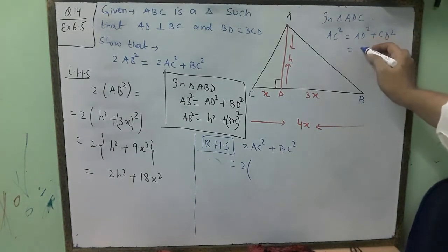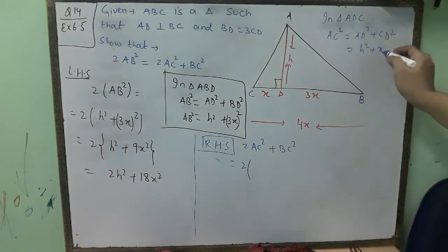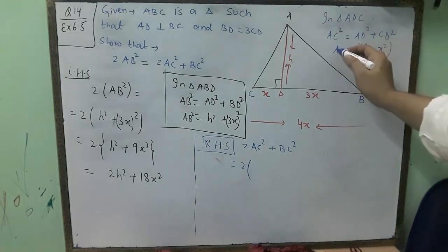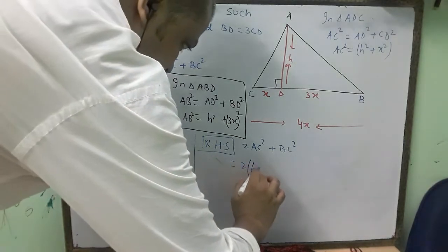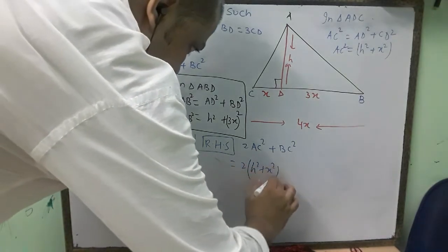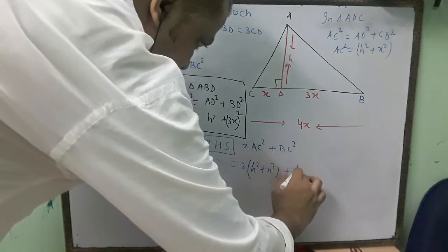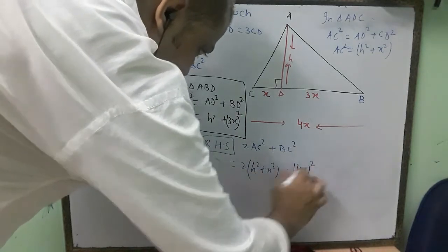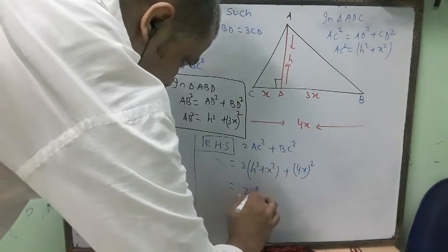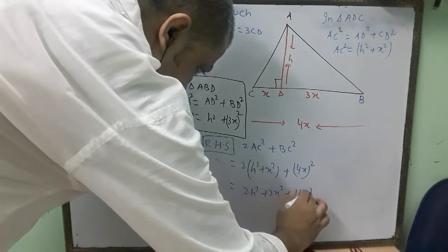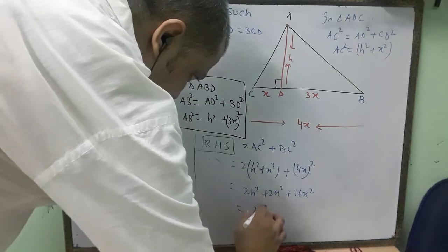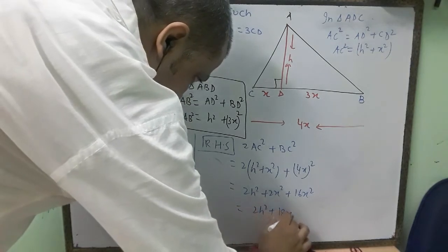So I can say that it is h square plus x square. This will be the value of AC square. Now BC square. BC is completely 4x whole square. Now 2h square plus 2x square plus 16x square. Add, it will be 2h square plus 18x square.